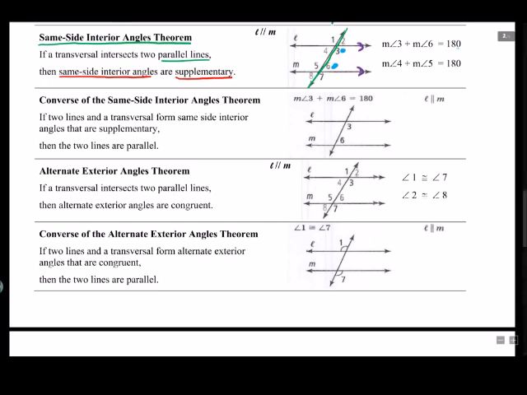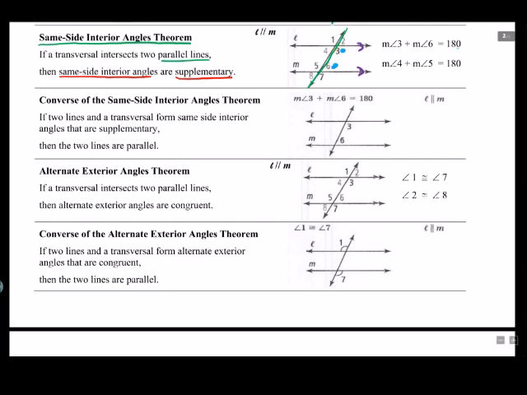Now, if you think about this, look at angle 2 and angle 6. Angle 2 and angle 6 are corresponding. So we know that they are congruent. And what do you see with angle 2 and angle 3? Do you see it right here? That is a linear pair.